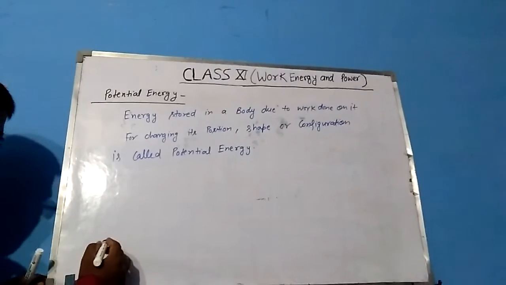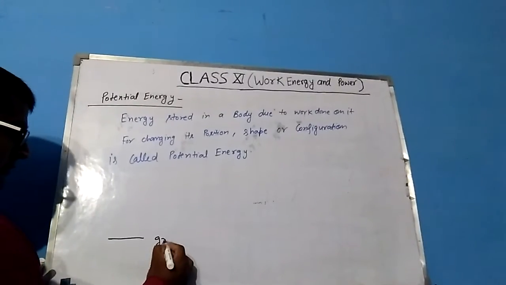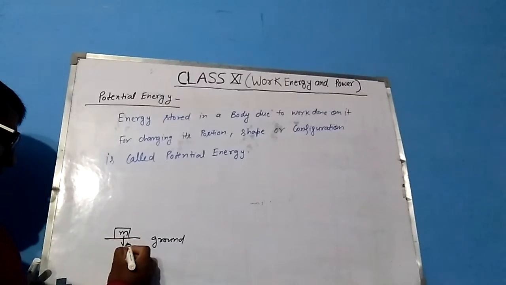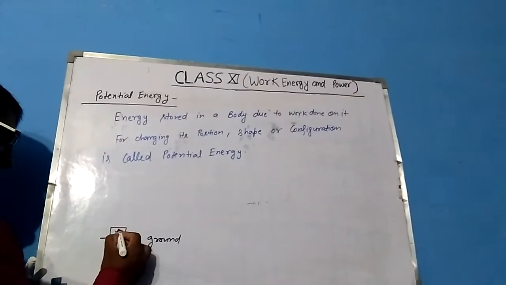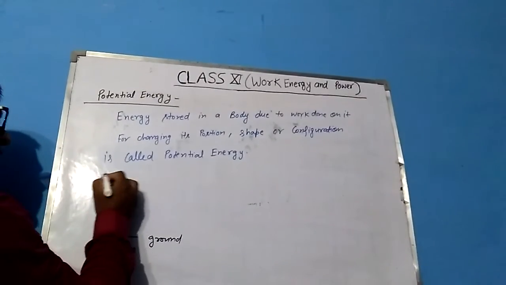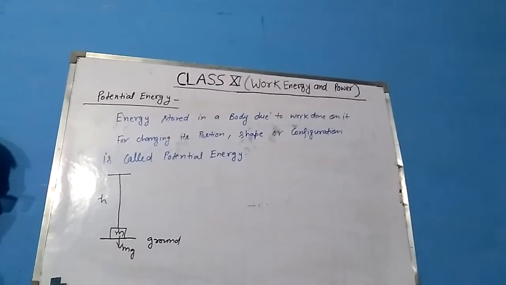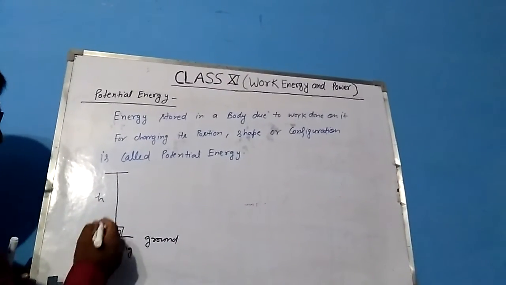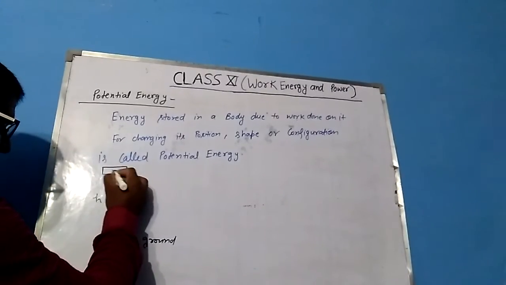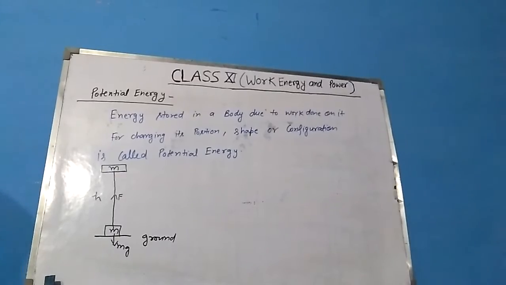Suppose we take the ground, and an object of mass m, weight mg. We have to raise this mass up to height h. To raise it, we apply a force against mg in this direction.